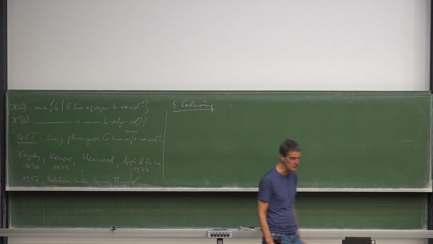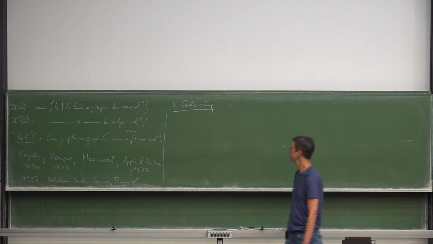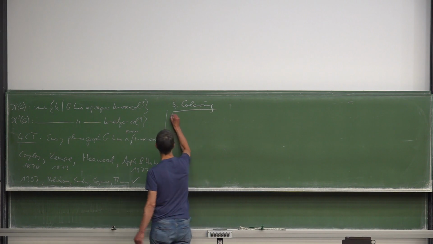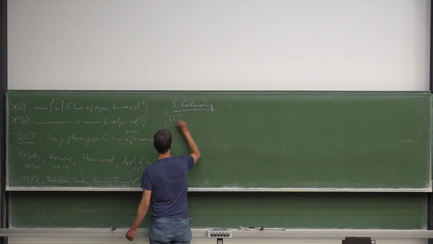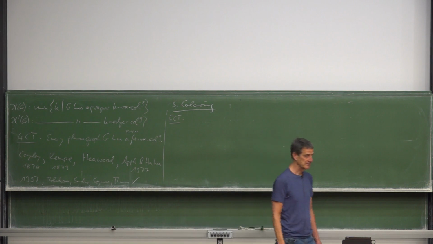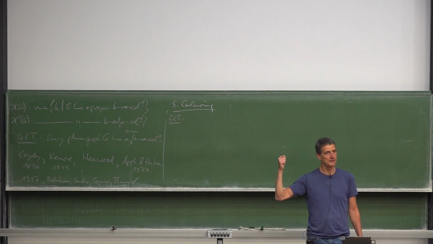Right. So let me show you the five-color theorem, and two proofs of that. And then after the first proof, I will ask you, doesn't that prove the four-color theorem?